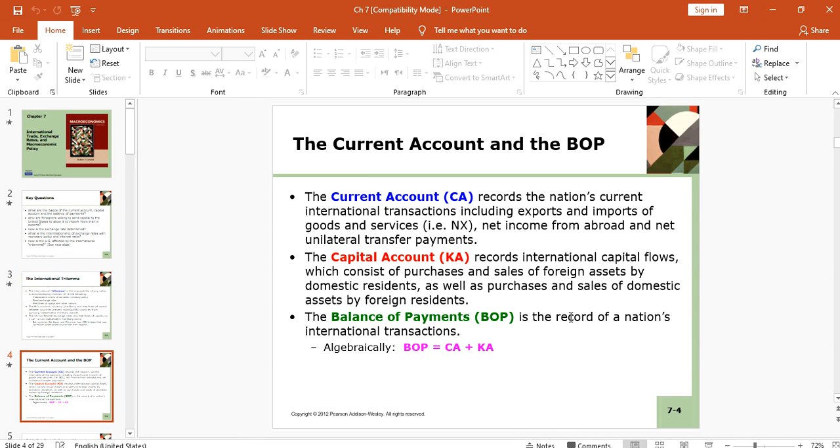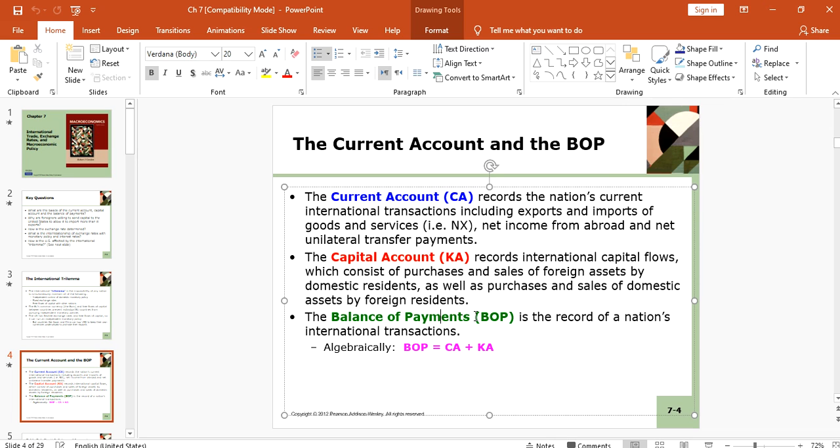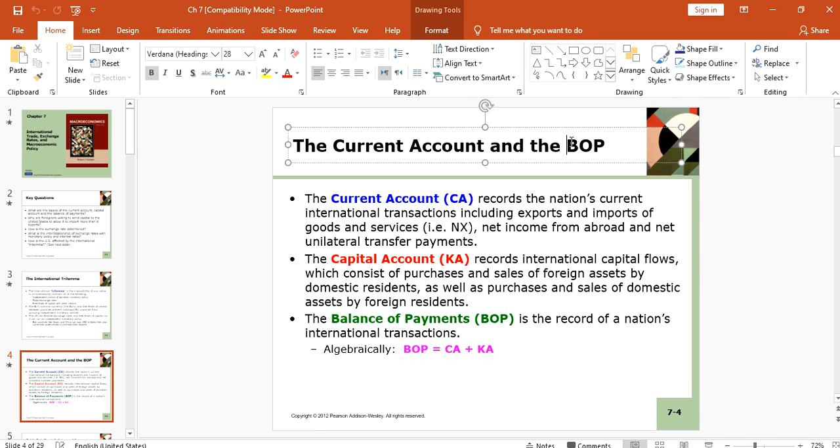So let's get into the concept of international trade. We have the balance of payments, abbreviated as BOP. This measures all economic transactions between citizens or residents within a country and the rest of the world, all outflows and inflows in detail.